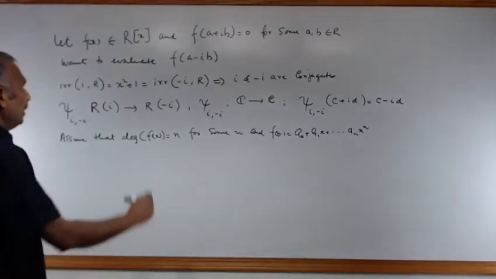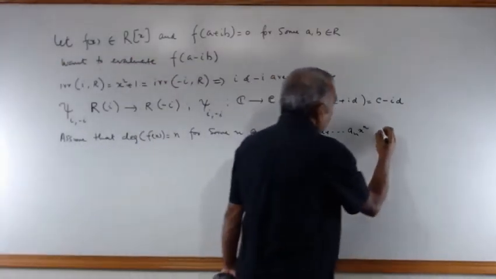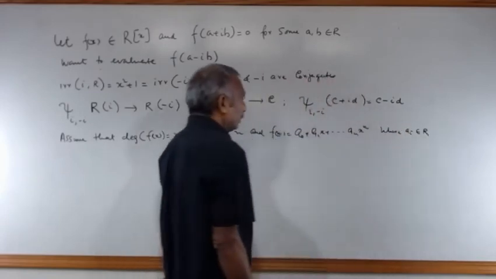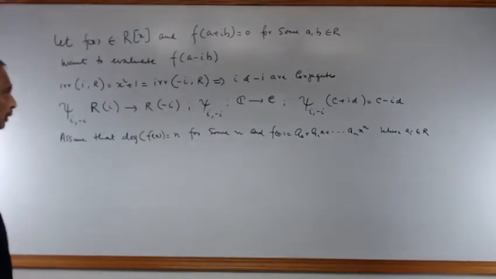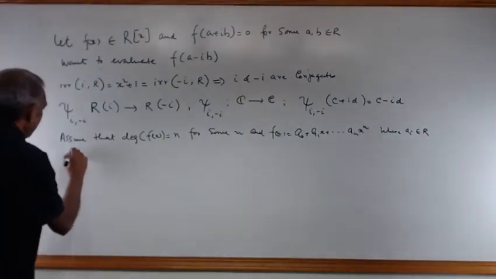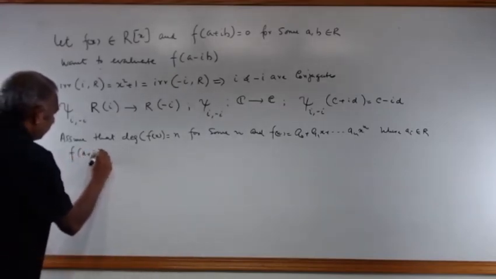It's a polynomial in R[x] where ai belongs to R. So what is f of a plus ib?